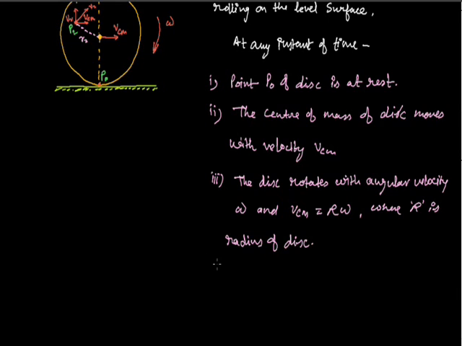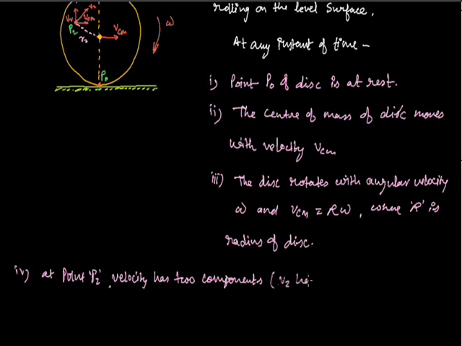Now consider the point P2. At point P2, the velocity V2 has two components. One component is along the direction of motion of the center of mass, and the other component is perpendicular to it.